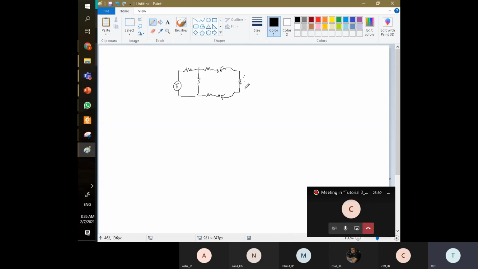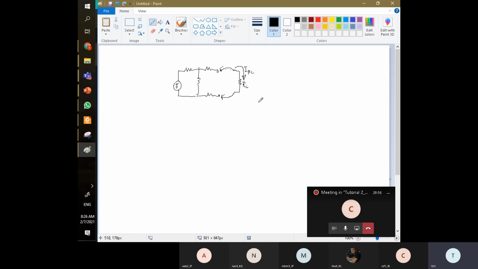But if you try to analyze the whole circuit here, including every component, it becomes really complicated, right? If you want to calculate the current passing through the load, the RL, most of the time we call it RL, you need to analyze all the circuit here. So this is quite troublesome. It's really time-consuming.